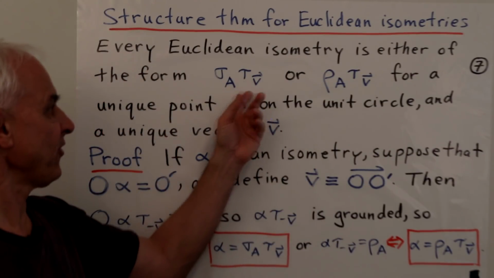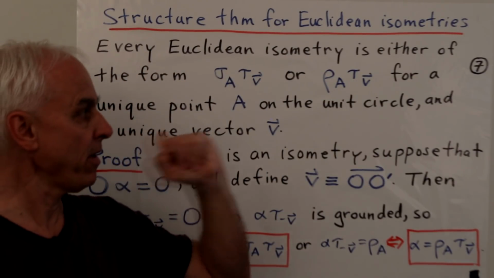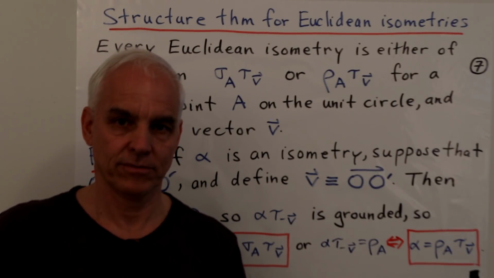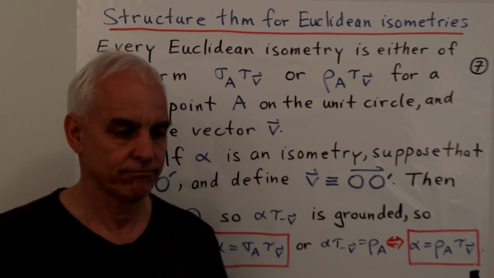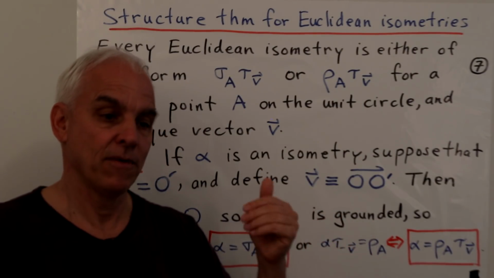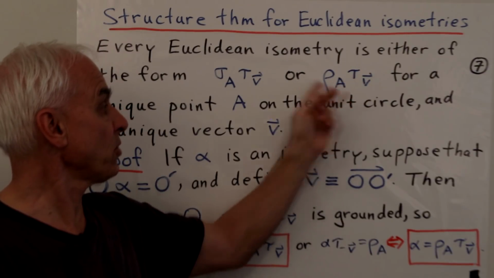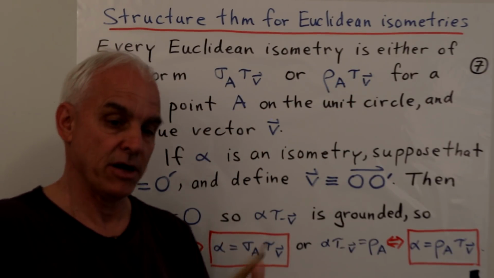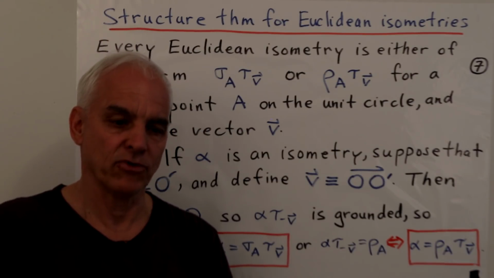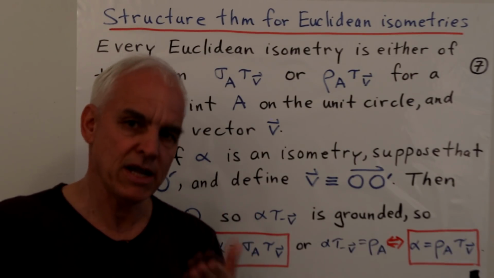There's isometries that are of this form, and there are isometries of this form, and that's all there is. So we do not need any more exotic kinds of things. The translations, the rotations, and the reflections are enough. We can combine them in very simple ways to get every isometry, and pleasantly in a unique kind of way.